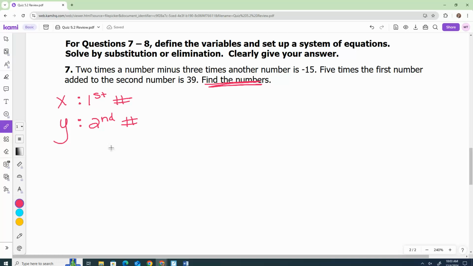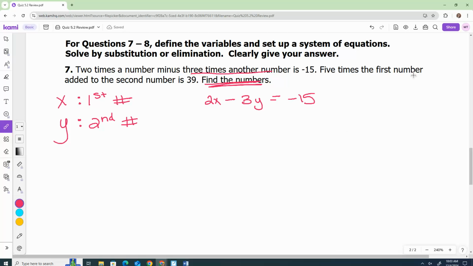Then, once we do that, we write our 2 equations. So the first thing we know, 2 times a number. So that would just be 2x minus, so we're subtracting 3 times another number. So that would be 3y, is, means negative 15.